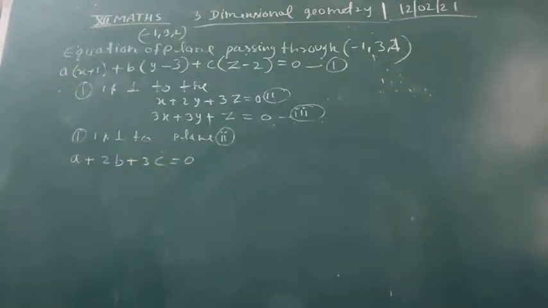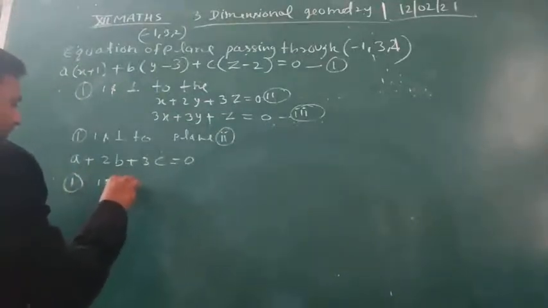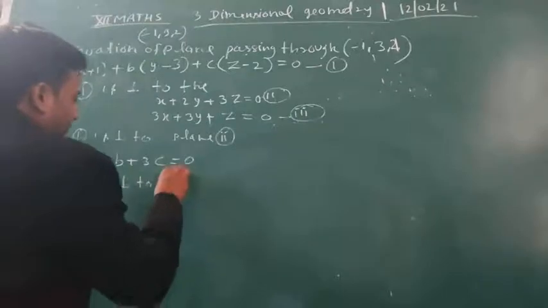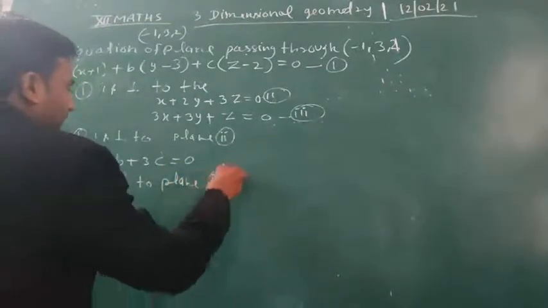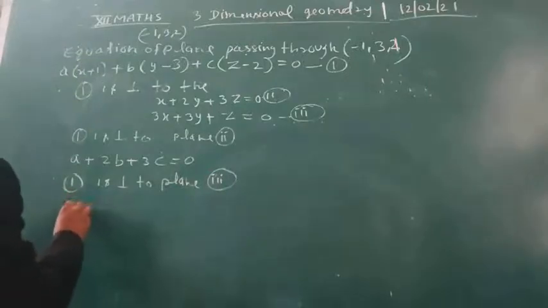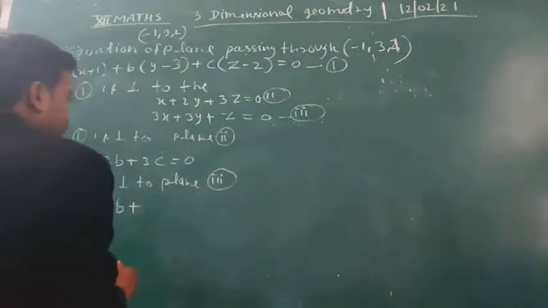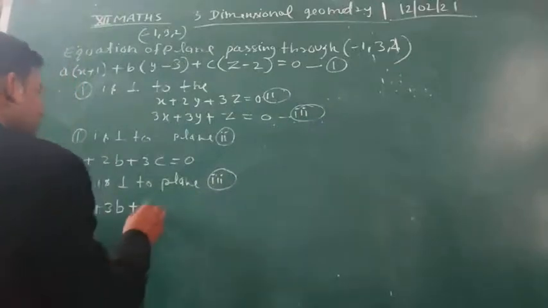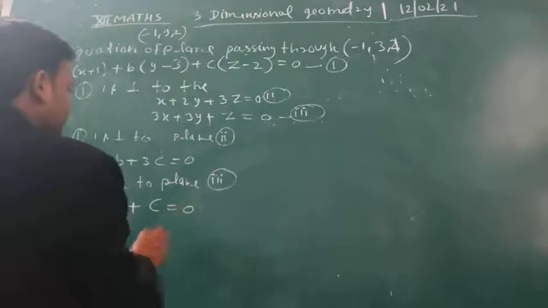And when plane 1 is perpendicular to the third plane, we get 3a plus 3b plus c is equal to 0.